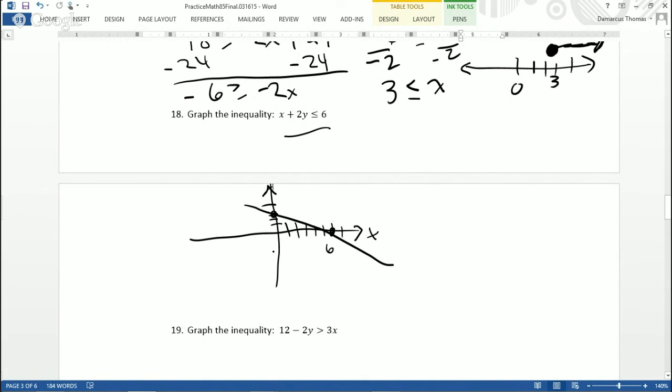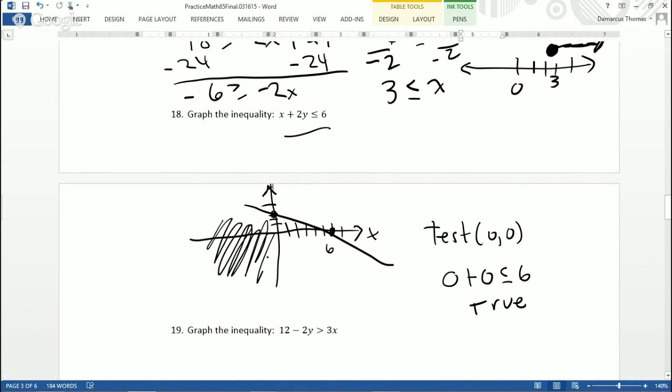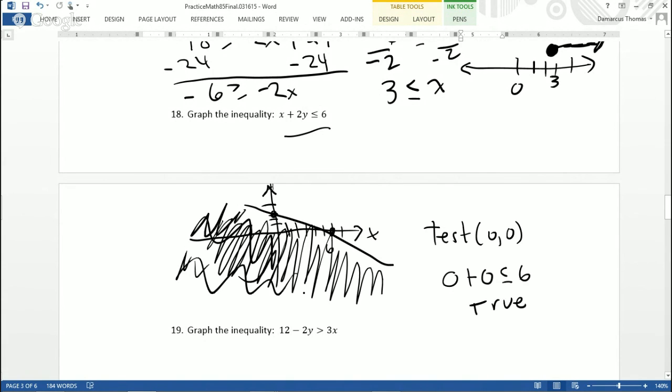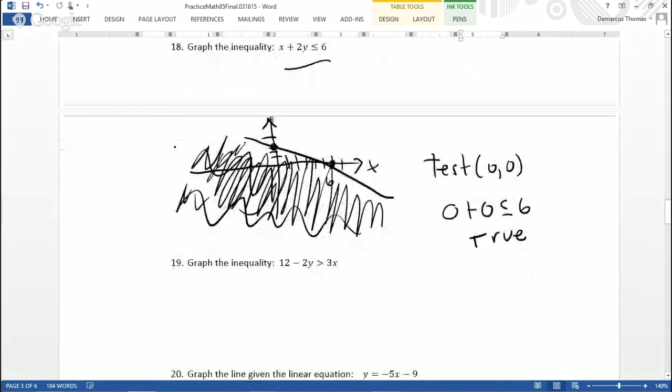And now all I have to do is test the point to see if it's true. I'm going to test the origin. Plug in 0 for x and 0 for y and see if the inequality is true. It is true. And since the origin is true, all values on this side are true. And this would be a solution to the inequality.